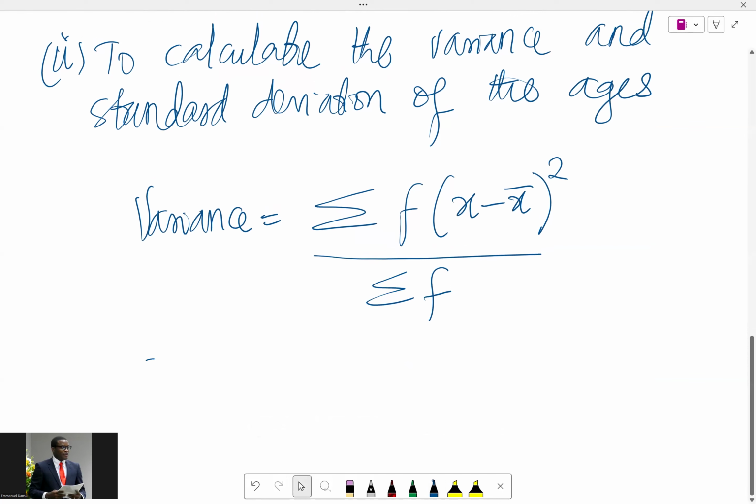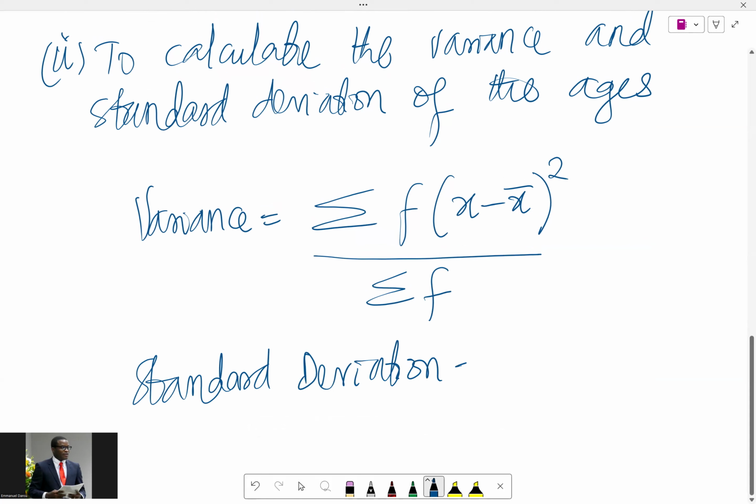And then we know that standard deviation would be equal to square root of variance. Simply that. Square root of variance.